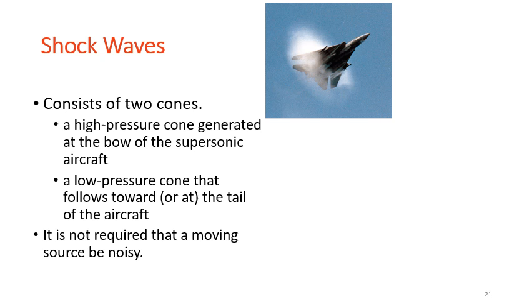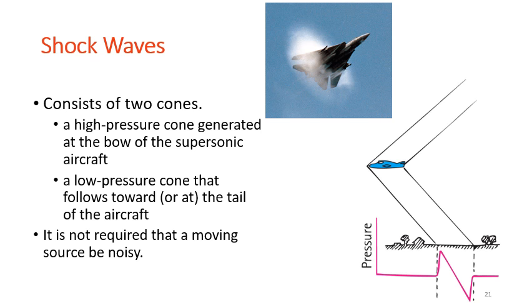Like I mentioned earlier, the shock wave is created when the supersonic jet is moving faster than the speed of sound. This shock wave consists of two cones. If you consider the bow of the supersonic jet right here, it will create a V shape cone, and we call this a high pressure cone.